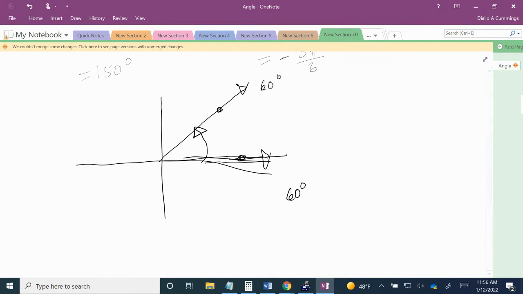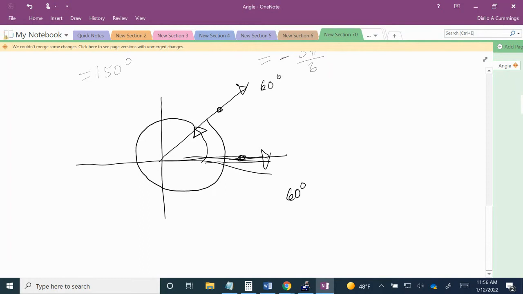Now remember that coterminal angles start in the same spot and end in the same spot. So let's say we take this terminal side and rotate it 360 more degrees, which brings us back to the same spot.